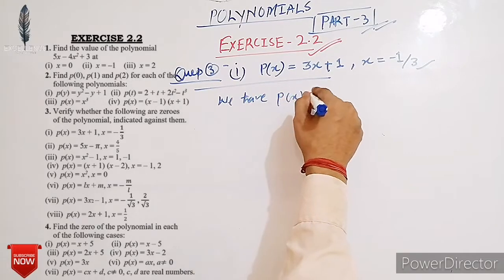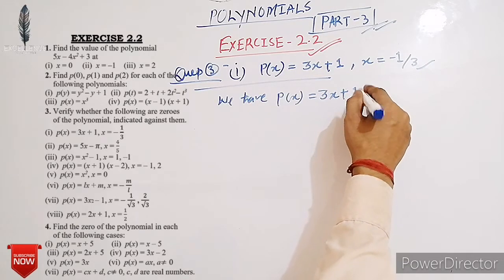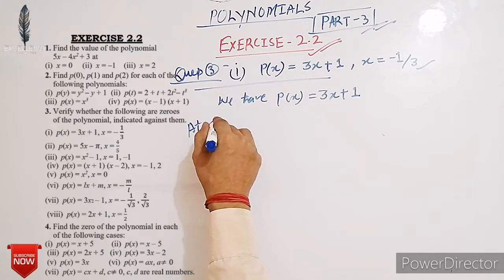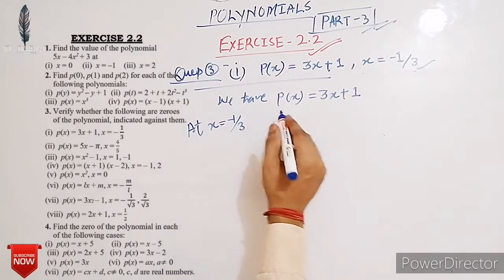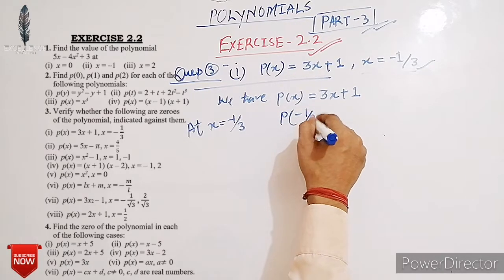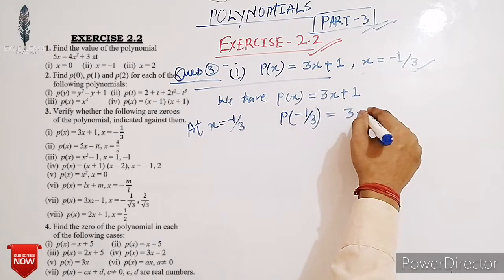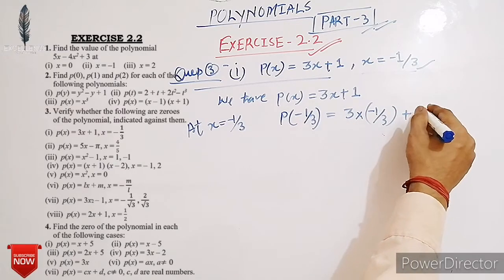So we have p(x) = 3x + 1. At x = -1/3, this polynomial becomes p(-1/3) = 3 into -1/3 + 1.